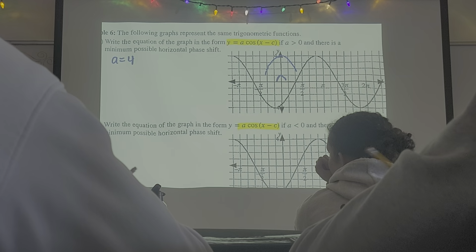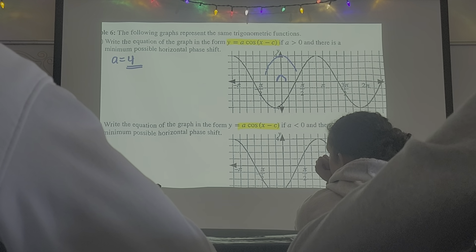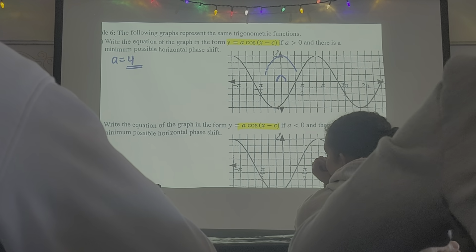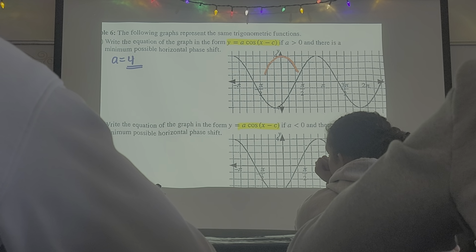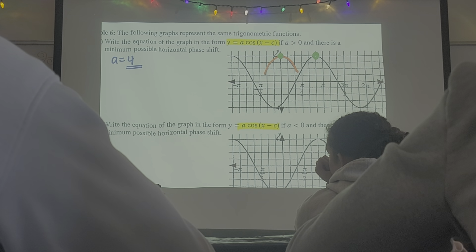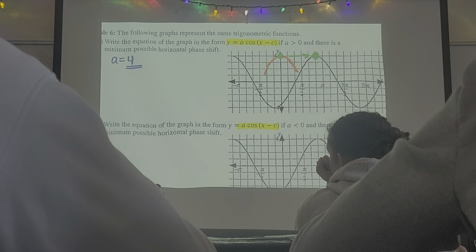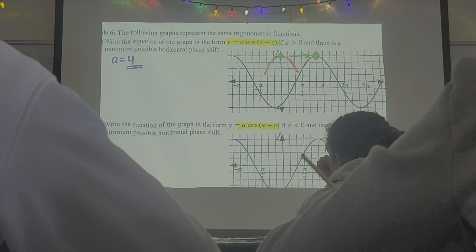Normally it's at 1, but we stretched it by 4. So we're going to move it from here to here, because it's been multiplied by 4.